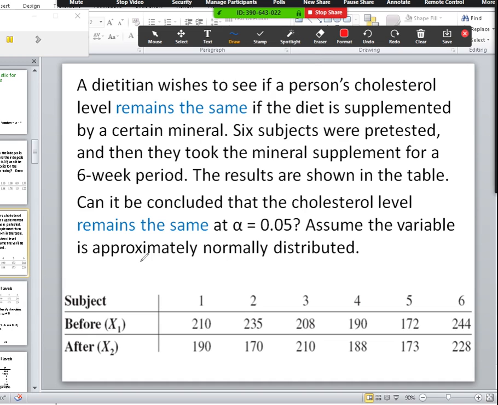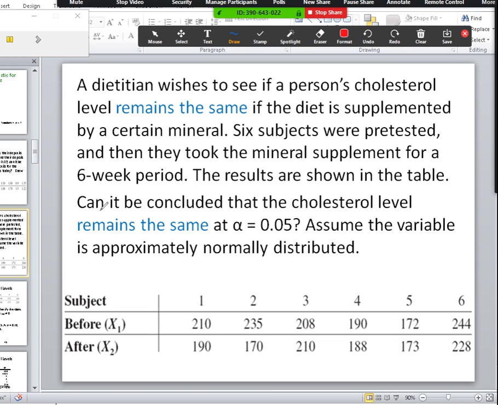So here, if I can do it, I'll try doing it with my pencil. So here my claim will be that mu1 minus mu2 will be the same. So the difference is 0, which means that H naught is my claim, right? Mu1 minus mu2 equals 0, or mu d.